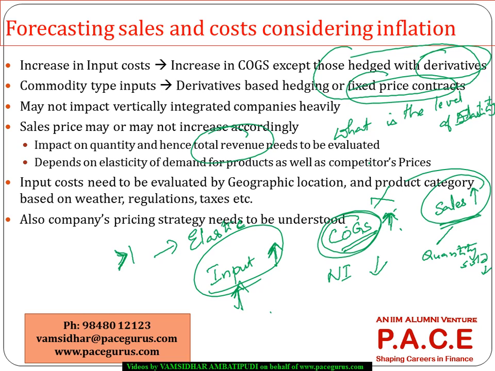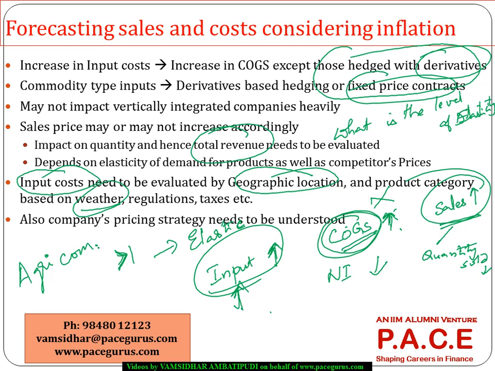Otherwise, I may have to increase the COGS, and we have to constantly keep evaluating what could be causing the input costs to go up, because they are geography specific. For each product category, the input costs can go up in a different manner based on inflation. Sometimes weather can impact the input costs very much, especially agri commodity kinds of inputs.